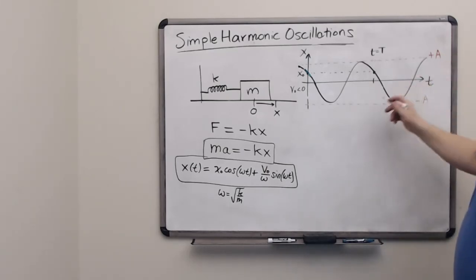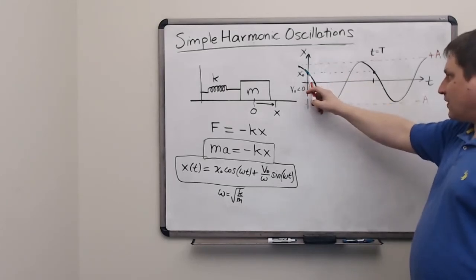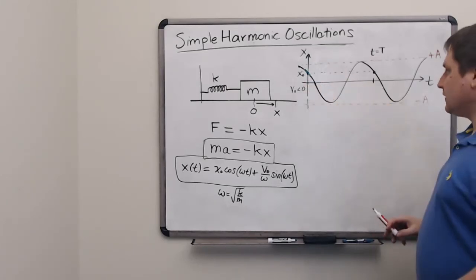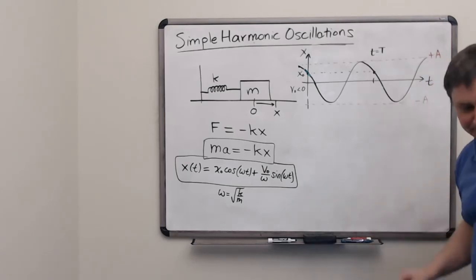And it's clear from our graph here that amplitude a and initial position x0 are not the same, right? They're not the same. So how can we reconcile these two viewpoints in terms of amplitude and in terms of initial position and initial velocity?